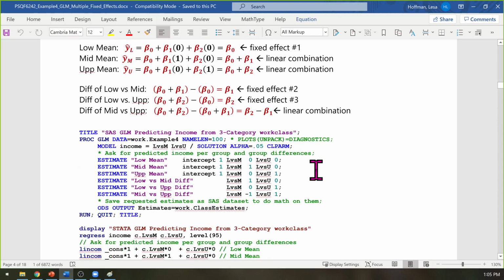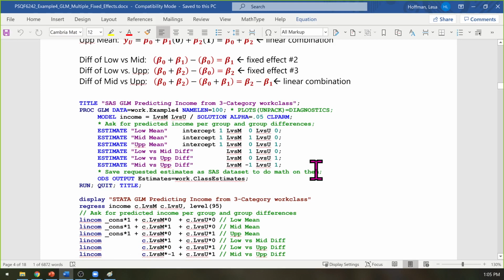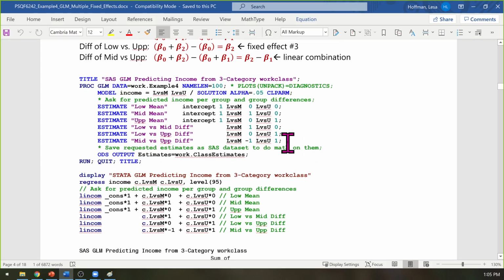So in your homework, I'm going to ask you for the mean of each of the 4 groups, and I'm going to ask you, I think, 4 out of the 6 mean differences, maybe 5, I can't remember. It will be up to you to realize which ones the model is giving to you and which ones are linear combinations. So this is an example designed to help you get started on that process.